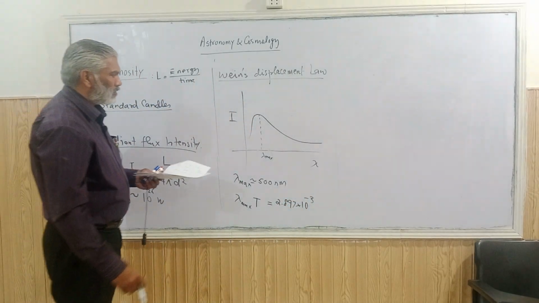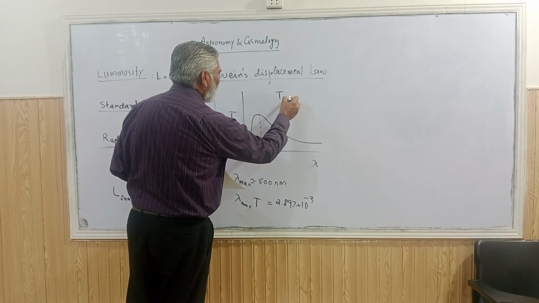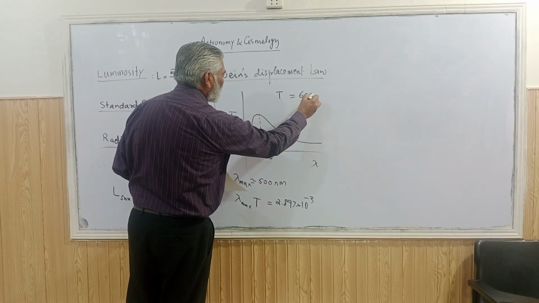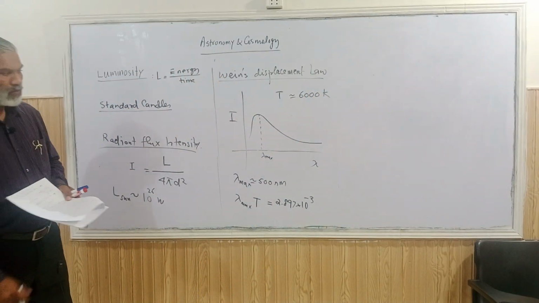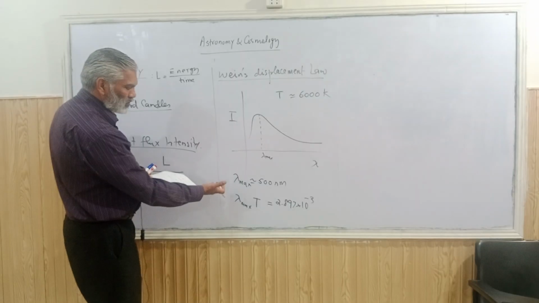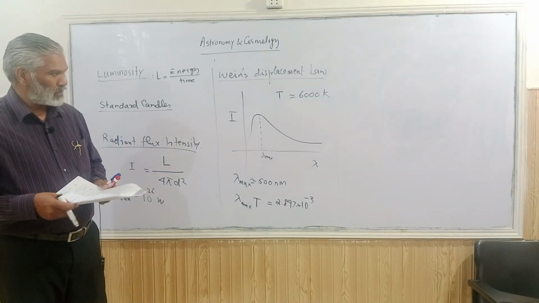If we use this value, the temperature comes out to be approximately 6000 Kelvin. So this is the surface temperature of the star, which we have easily worked out because we know the predominant wavelength the sun is emitting.